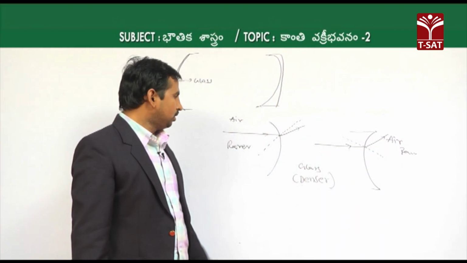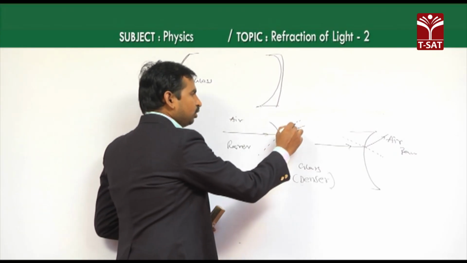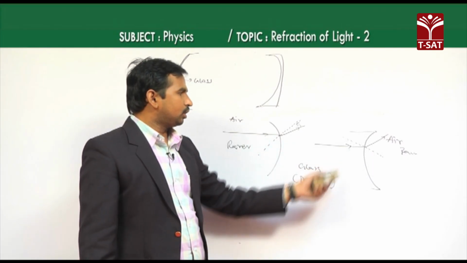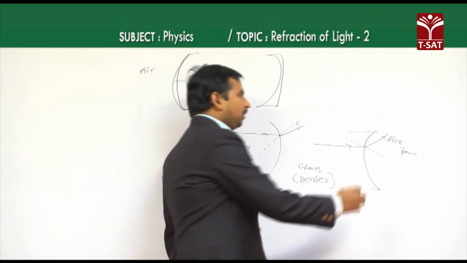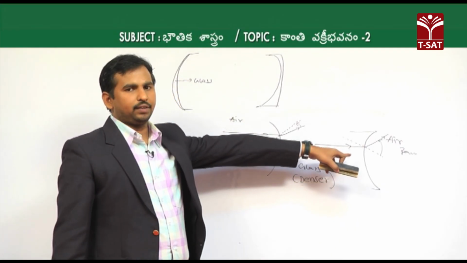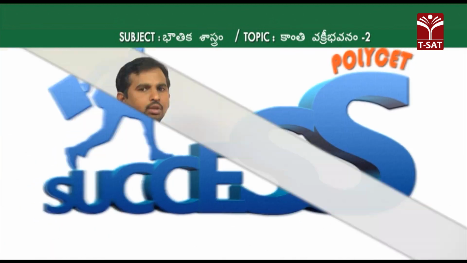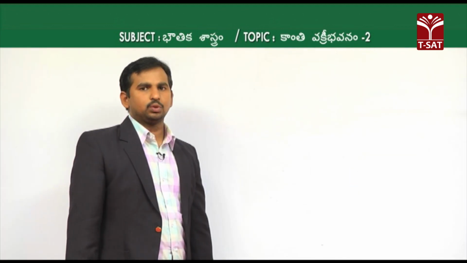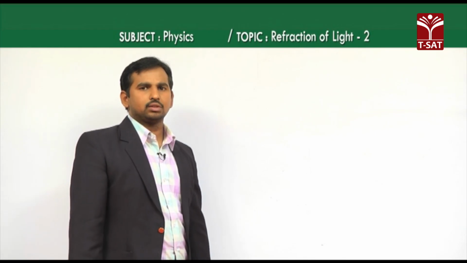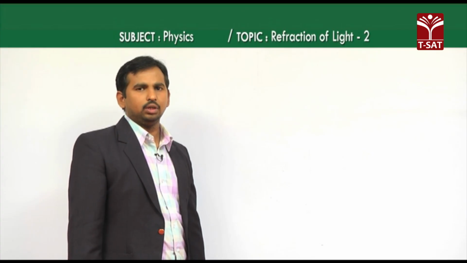Okay, have you understood now? So in case of coming from rarer to denser, it bends towards the normal, whereas in case of denser to rarer, it bends away from the normal like this. This is the refraction effect in case of a concave lens. Now for activity purposes, in most cases we are not using simply a convex or concave lens, we are using a double convex or a double concave lens.